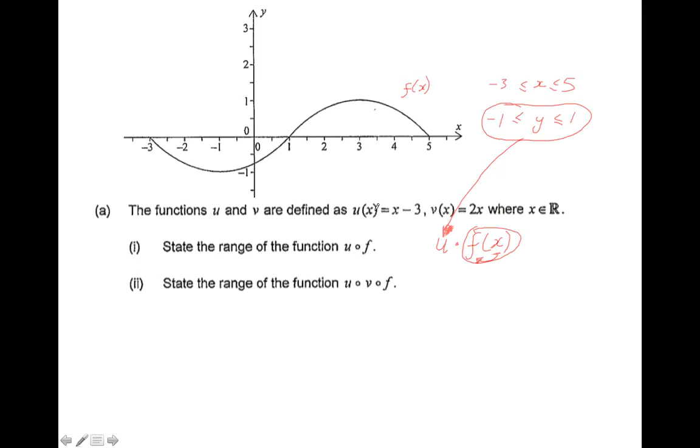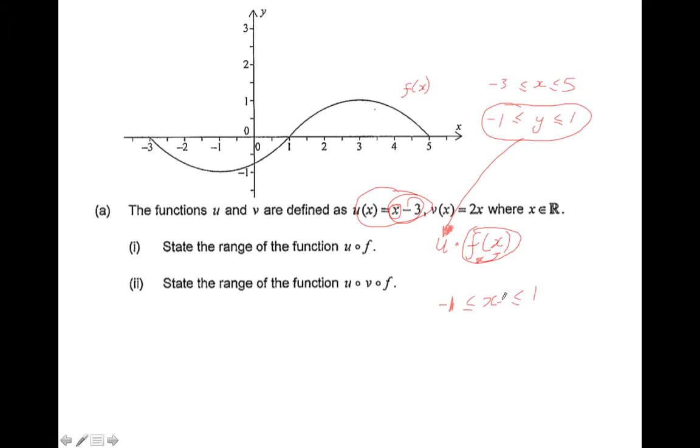Okay, so u of x is equal to x minus 3. So the inputs to the u function, the x values, are actually between 1 and -1. So this is the domain of u of x, the inputs into it. And the outputs are basically take the input and subtract 3.